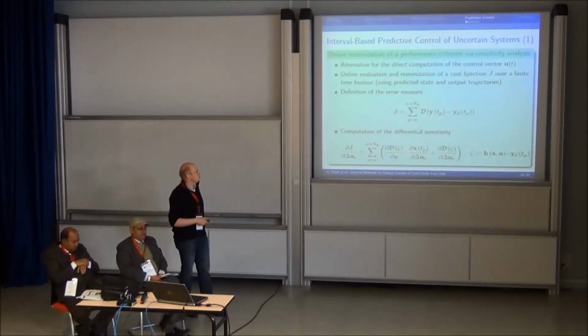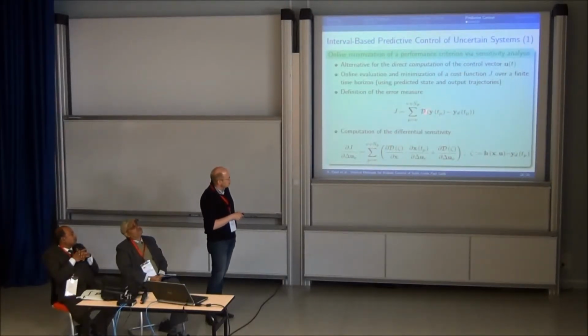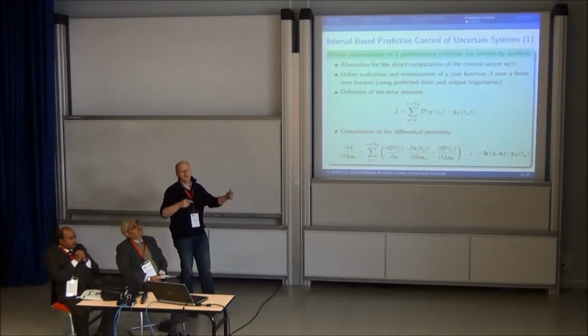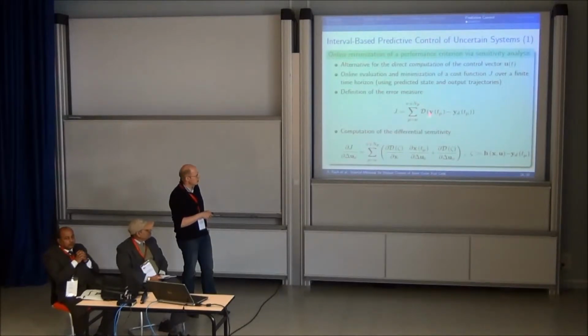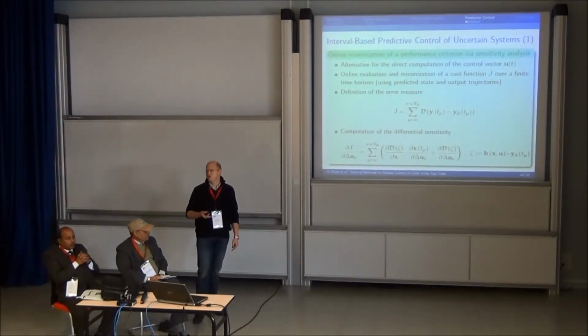And for that reason, we could have the idea to use a predictive control strategy, which is predicting the system output temperature here, the temperature Y, over a number of NP time steps, and comparing this predicted temperature with the corresponding desired outputs. And what we want to do then is minimize the deviation. For example, this is a quadratic cost function. We want to minimize J by a suitable choice of the system input.